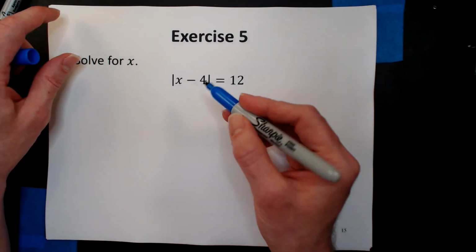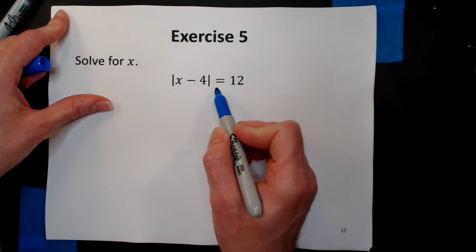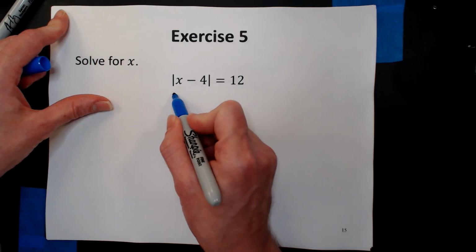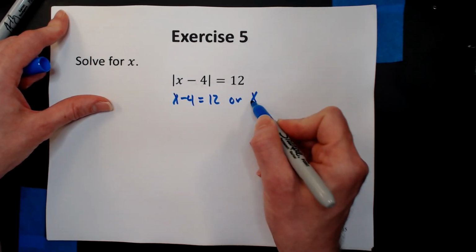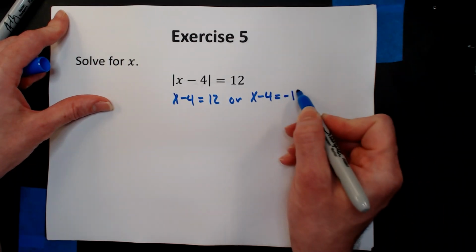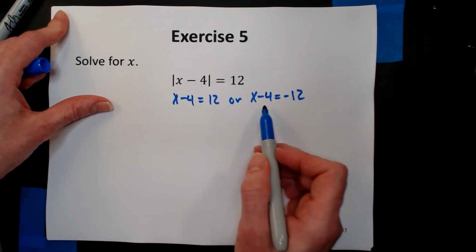So here we have the absolute value of x minus 4 equals 12. In other words, I have x minus 4 equals 12, or x minus 4 equals negative 12. Since it's in standard form, we can immediately go to this step.